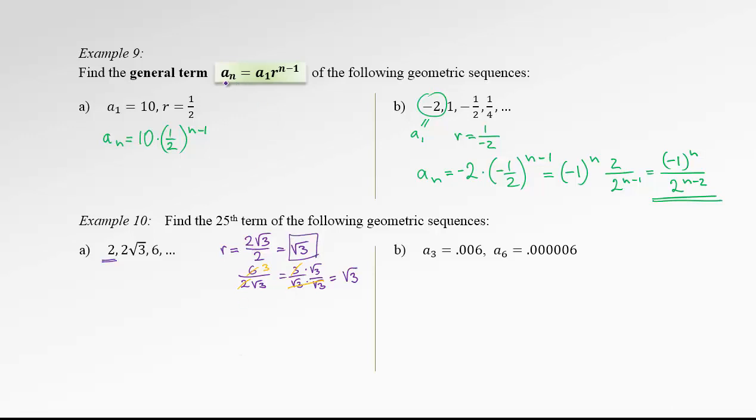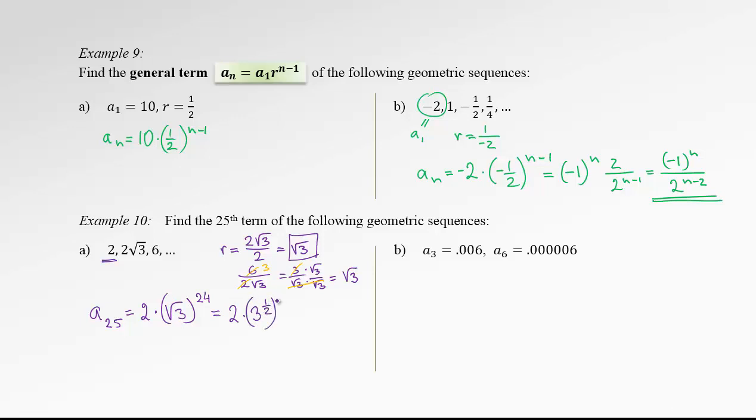We can plug all the information into the formula for a25, the 25th term, right? a1 is 2 times r, which is √3, to the exponent 25 minus 1, so it's 24. Here we go. Now, to simplify this a bit, we can rewrite the √3 as 3 to the 1/2.